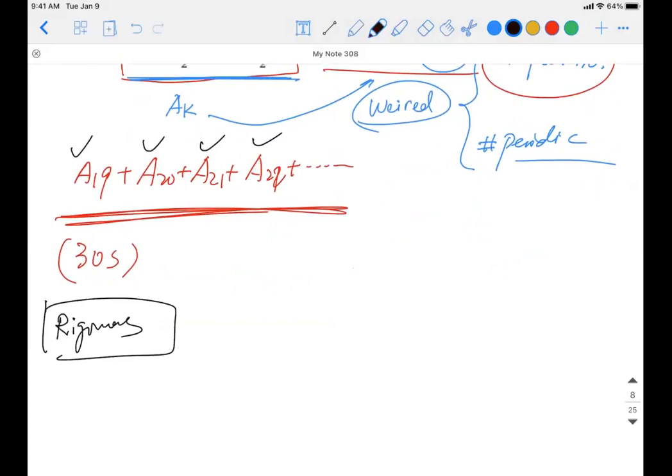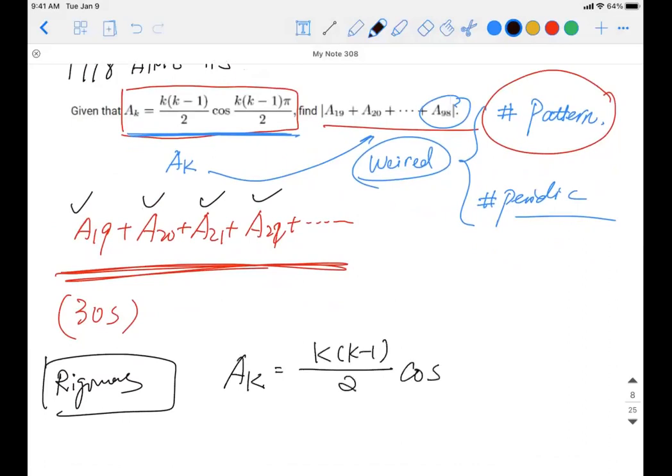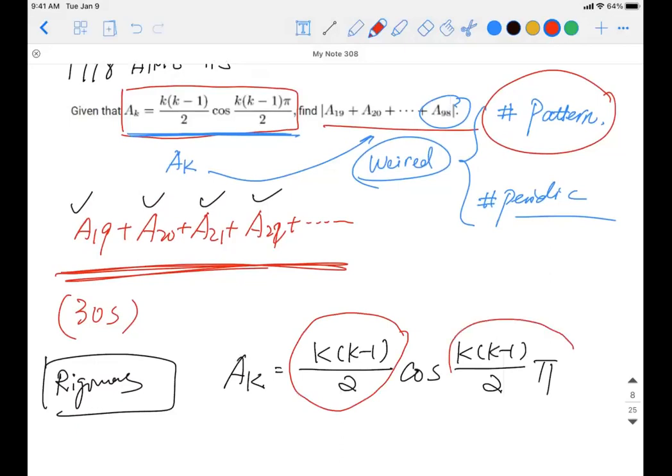Okay, so let's have a quick look at A_K, which is K(K minus 1)/2 times cosine of K(K minus 1)/2 times pi. This A_K is actually created by two parts. One is the coefficient, and the same coefficient times pi is inserted into cosine.